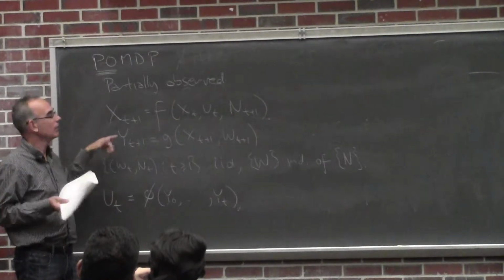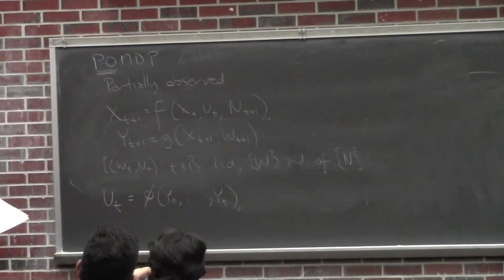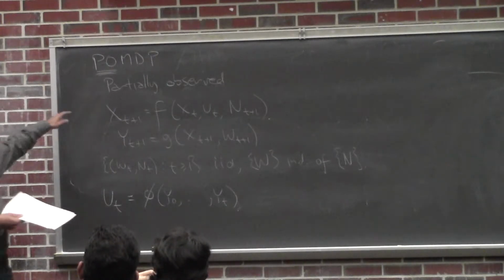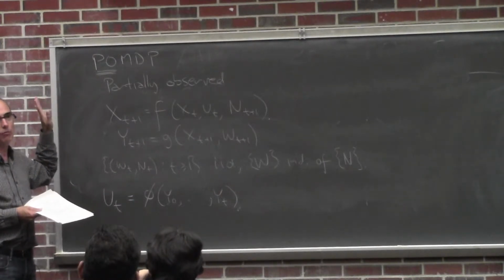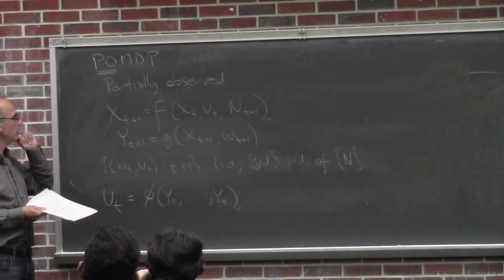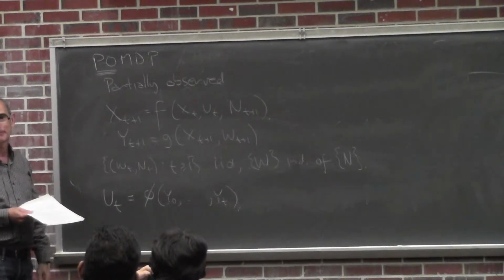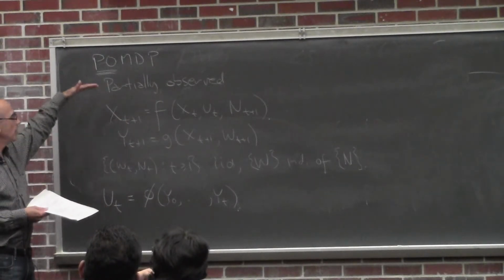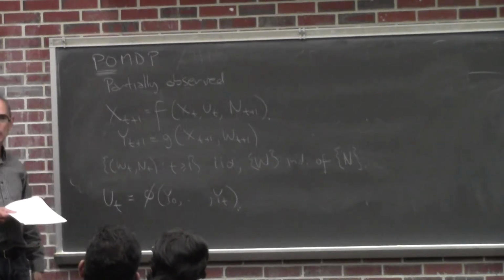I gave you mainly what emphasizes the concepts. I'm not going to tell you what the initial distribution of that given that is. I'm just going to tell you it exists and give you some structure. And what we're going to find is that we can convert this into an MDP. So we can make a partially observed MDP into a full regular MDP like we've been talking about all along.